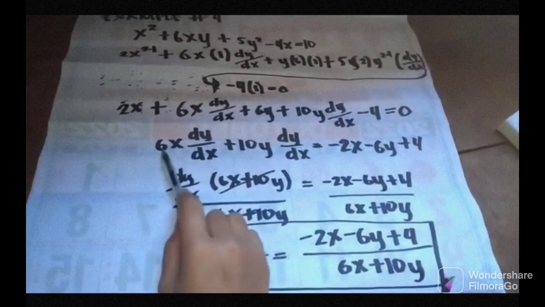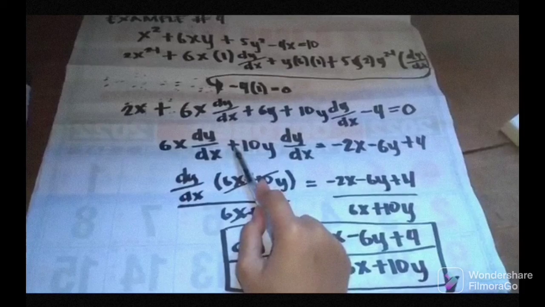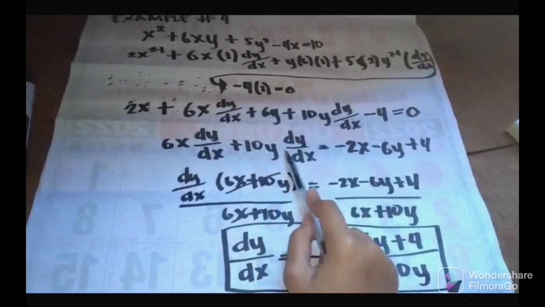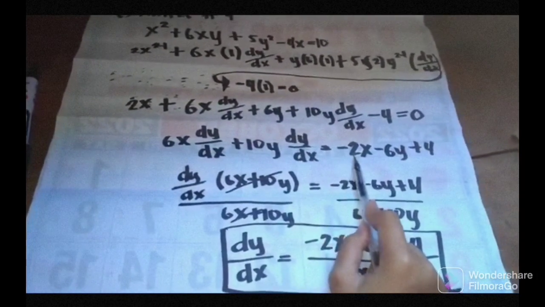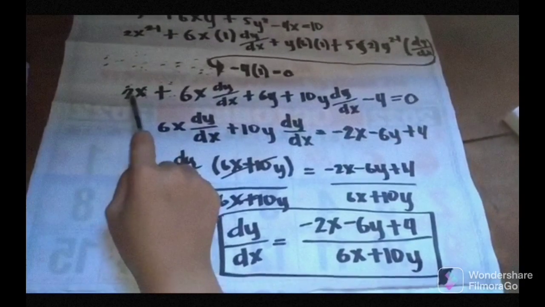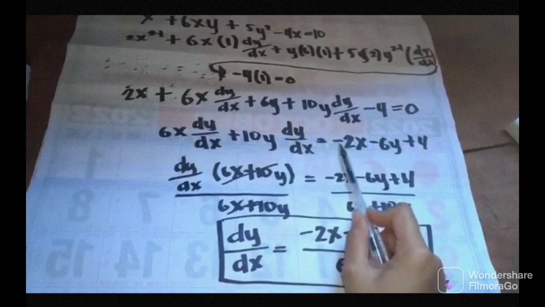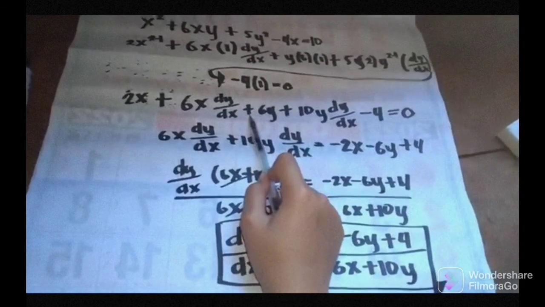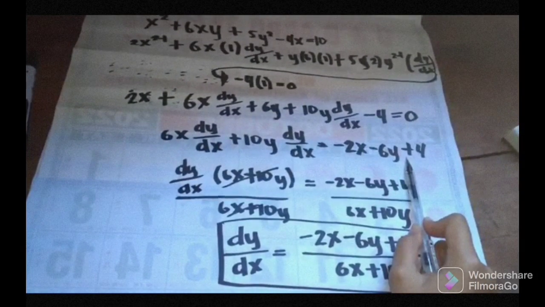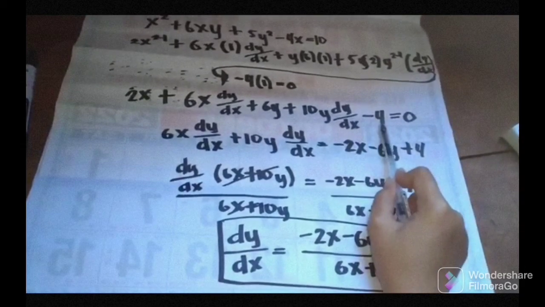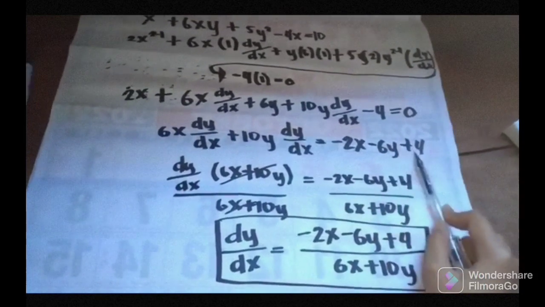So, 6x times dy over dx plus 10y times dy over dx equals to, let's transpose positive 2x to the right side, and it will become negative 2x, and positive 6y to the right side, it will become negative 6y, and negative 4 would become positive 4. So, negative 2x minus 6y plus 4.